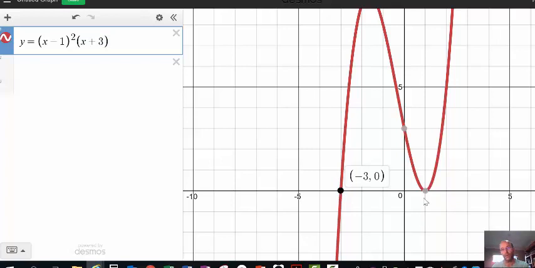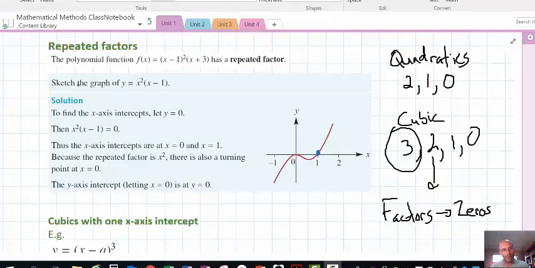So that's only got 2 x-intercepts, 2 solutions. Remember, we solve when it's in factorized form and equal to 0. That's the solutions, that's the x-intercepts from our previous work.